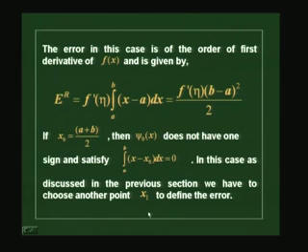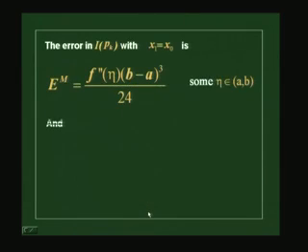Then we can define that error as the next order term in the polynomial, where we will have the second order derivative and the b minus a by 2.